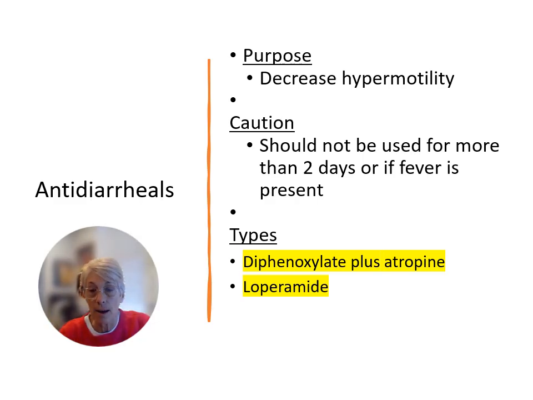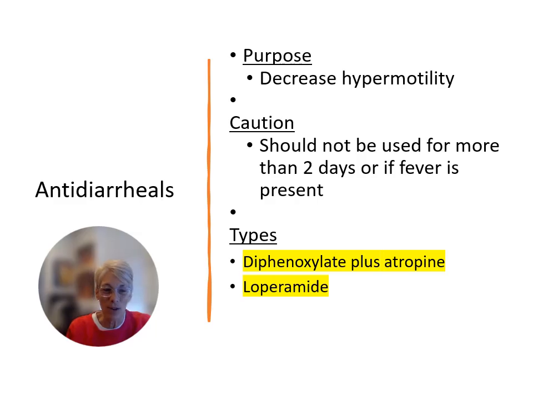Atropine's an anticholinergic. Loperamide, and paregoric. All right, so we have some medications. These guys all have one thing in common, and that is that they're opiates. When we talked about our pain medications, remember, one of the big things we worried about was constipation, because it slowed everything down. So now we're using that property to slow down the bowel.